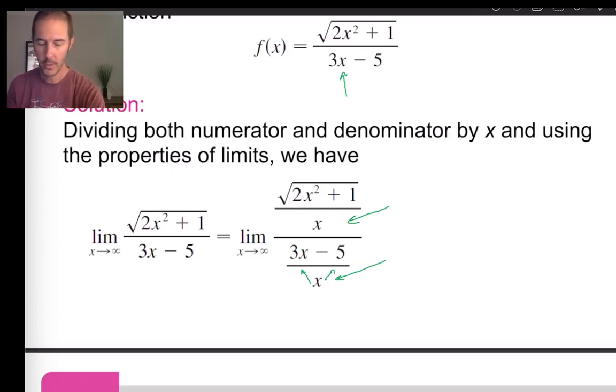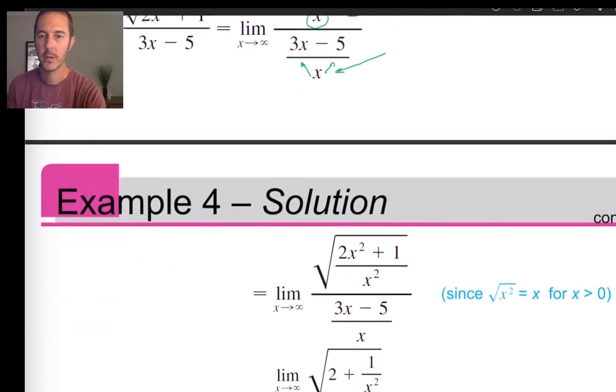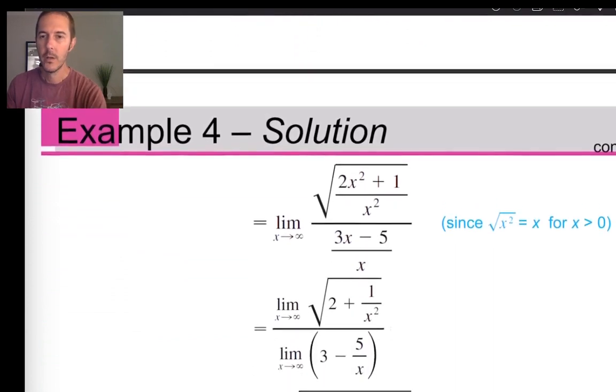But in the numerator, how am I supposed to get that division by x into my square root symbol? And the answer is, we're going to express this x as the square root of x squared. That way we'll be able to incorporate it into the numerator. And here you can see that it has now been incorporated into this larger square root symbol.